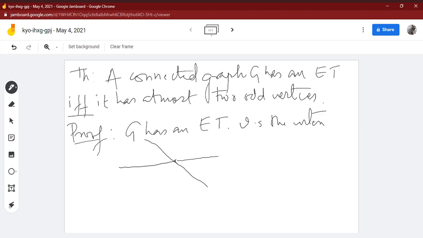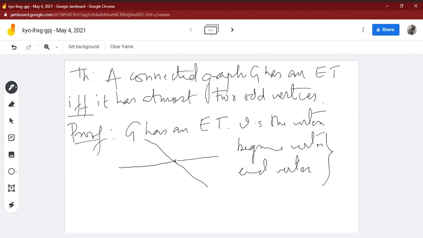Only two vertices have odd degree. They are the beginning vertex and the end vertex.